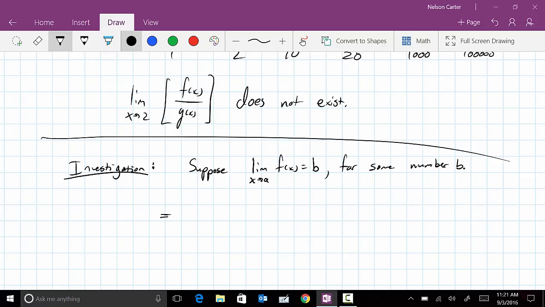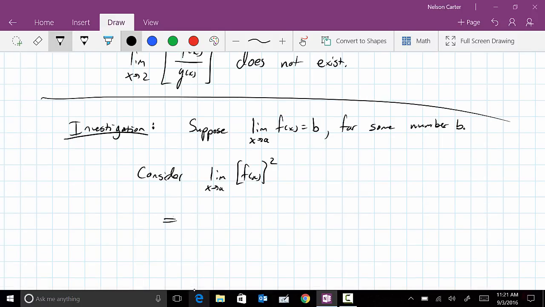Well, if that's the case, then let's consider the limit as x approaches a of f of x, all squared. Well, that limit would equal the limit as x approaches a of f of x times f of x.